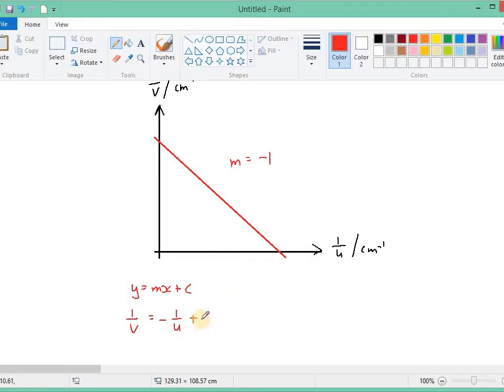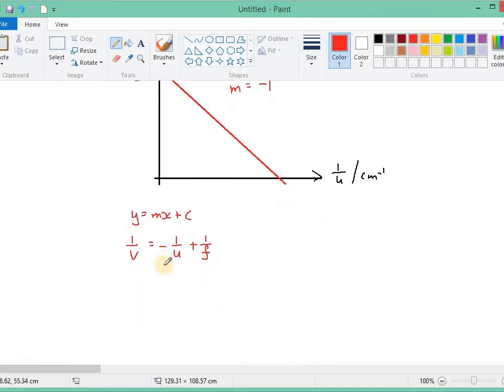And then this y-intercept, we will find that the value is the same as 1 over the focal length. So if we rearrange this equation, then we will get 1 over f equals 1 over u plus 1 over v.